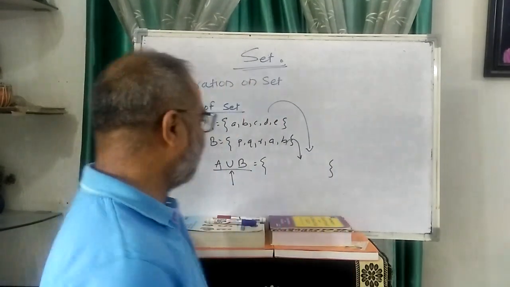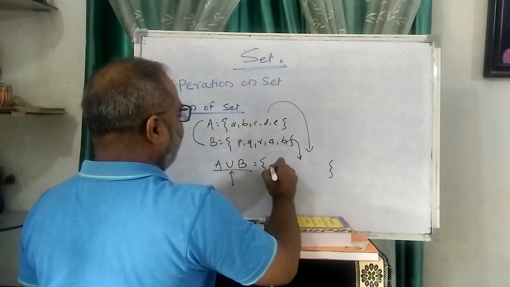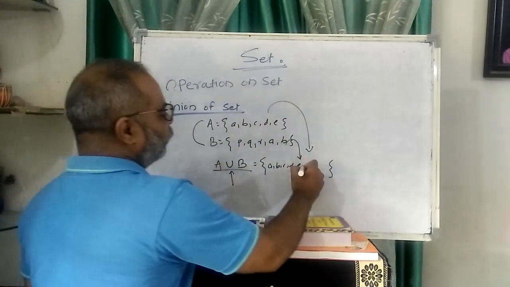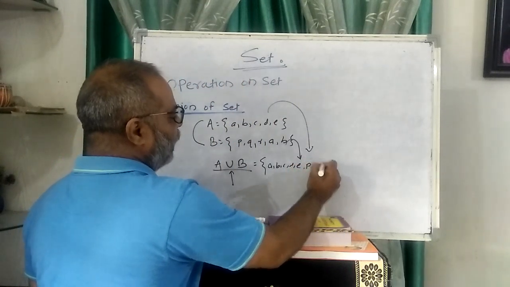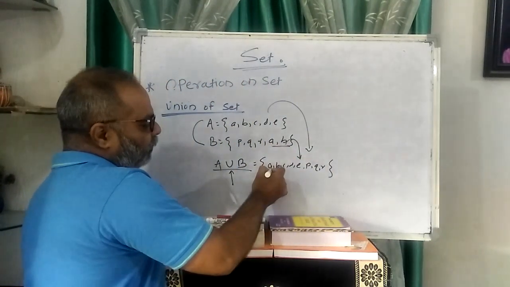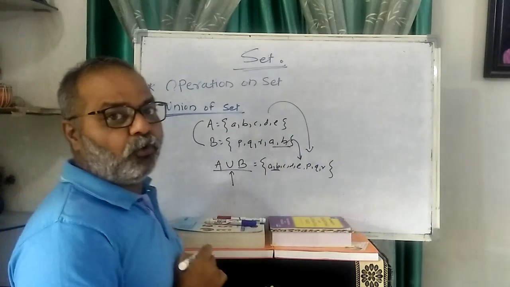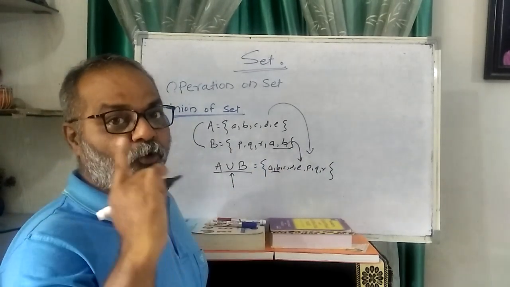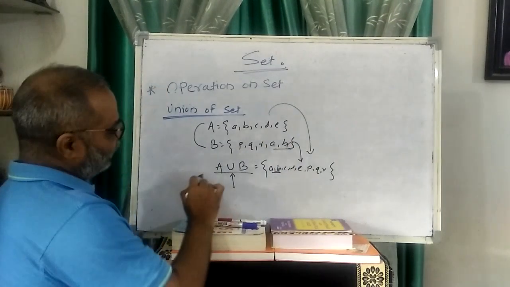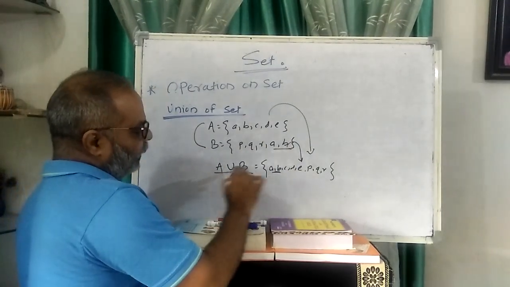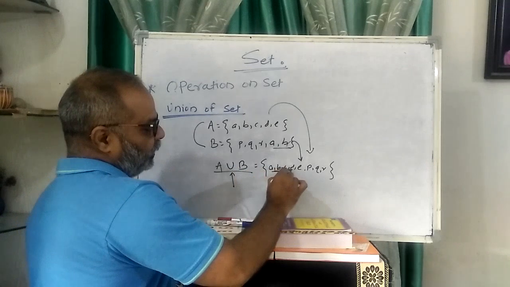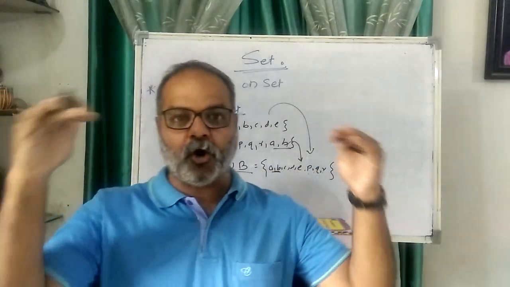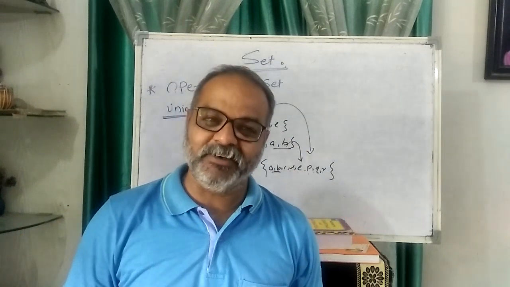Now I write all elements of A: A, B, C, D, E, and all elements of B: P, Q, R. But A, B are already written. So what is the rule to write a set? In the listing method, the elements are written only once. So what are the elements of A union B? Here they are: A, B, C, D, E, P, Q, R. It means we collect all the elements of the given sets.